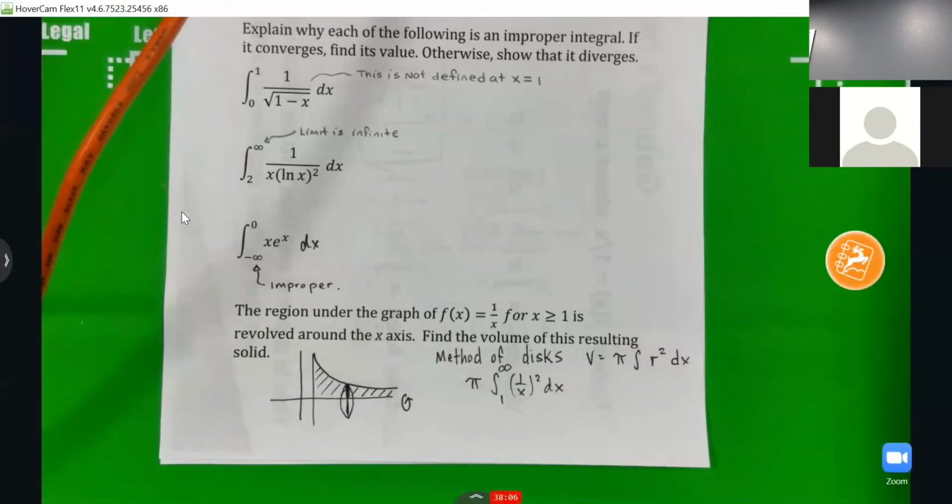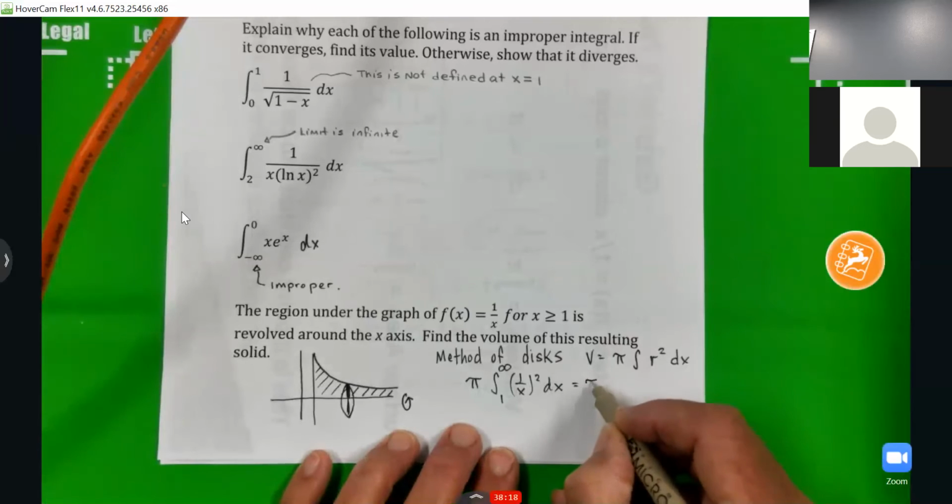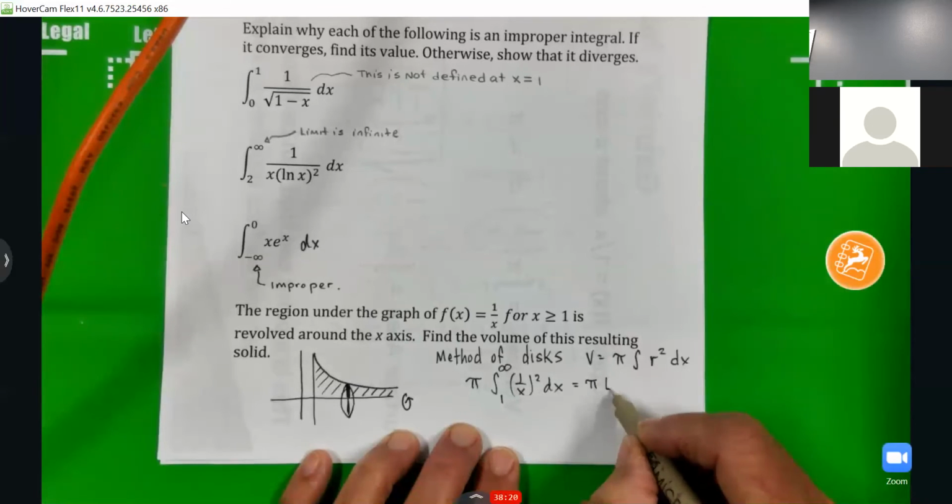1 over x all squared is the same thing as 1 over x squared. So we're integrating 1 over x squared from 1 to n as n goes to infinity. I guess I left room for the limit here.